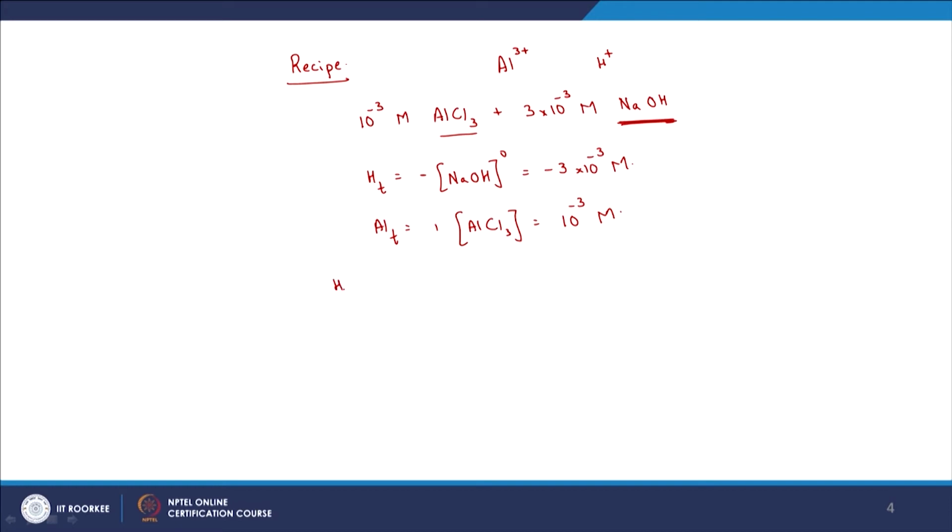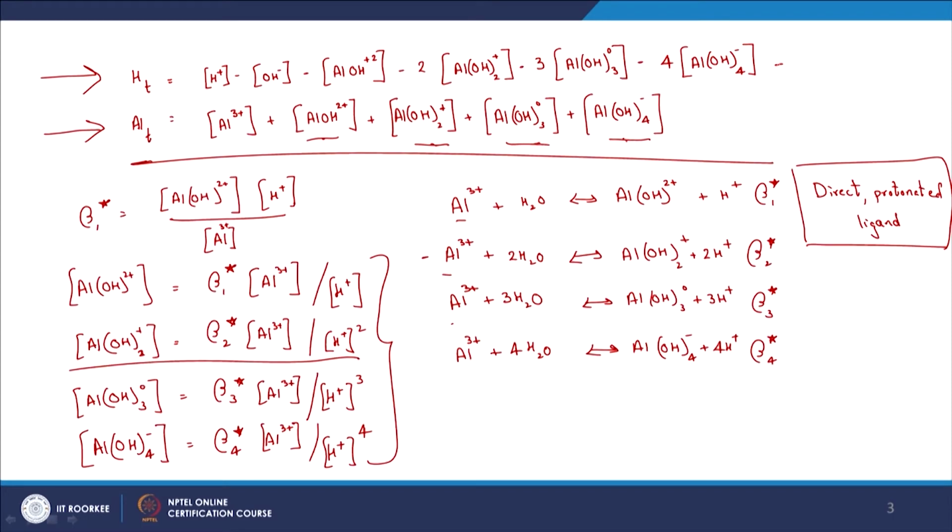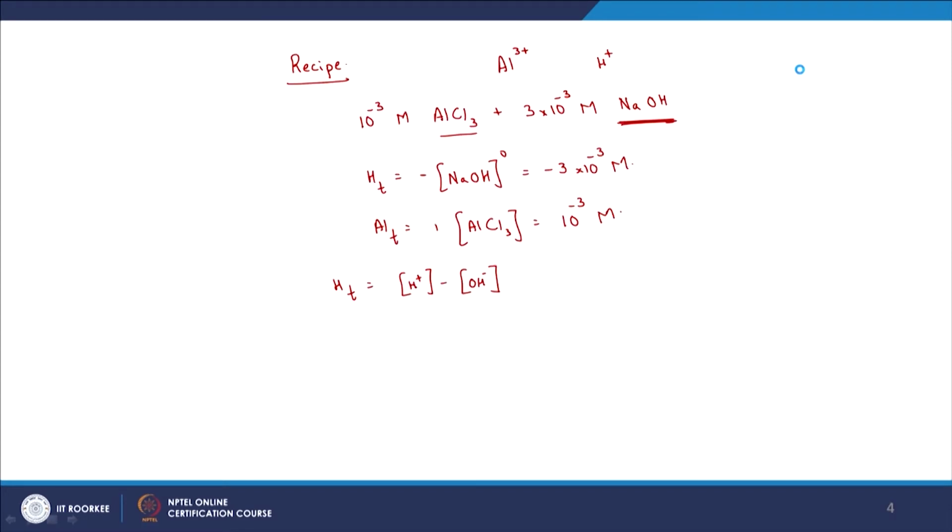What can we express H total as? H total equals, as we know, H+ minus OH-, right? I'm just listing the equation. We are assuming obviously that Na+ and Cl- can be ignored now, which is not a bad assumption, at least when you're working it out by hand.